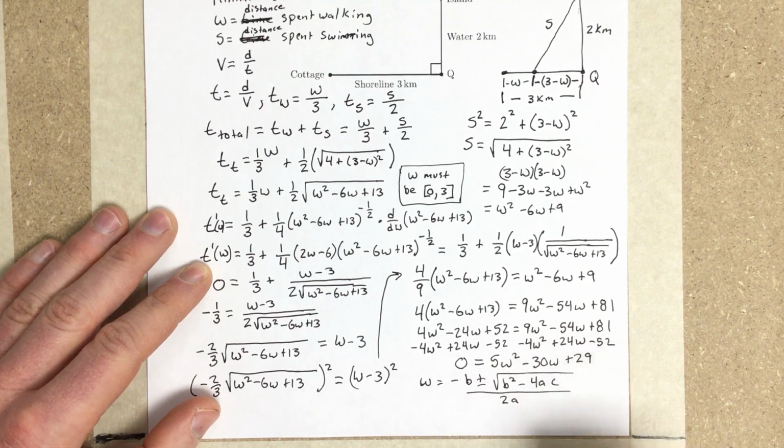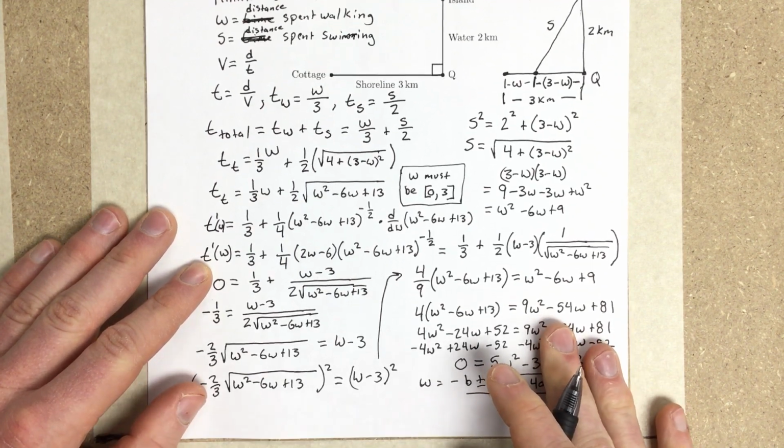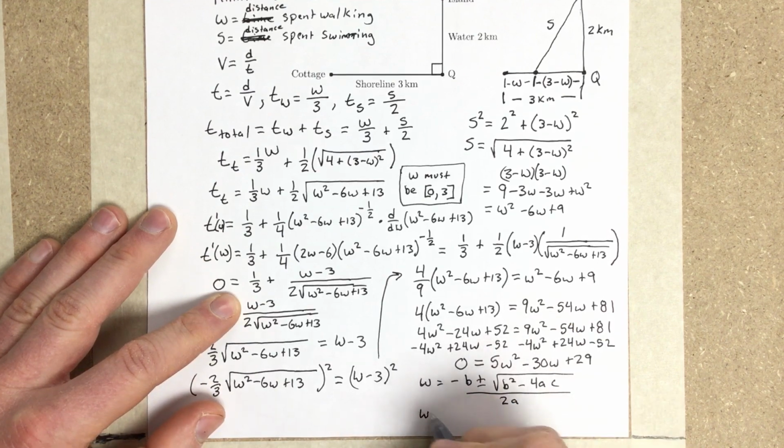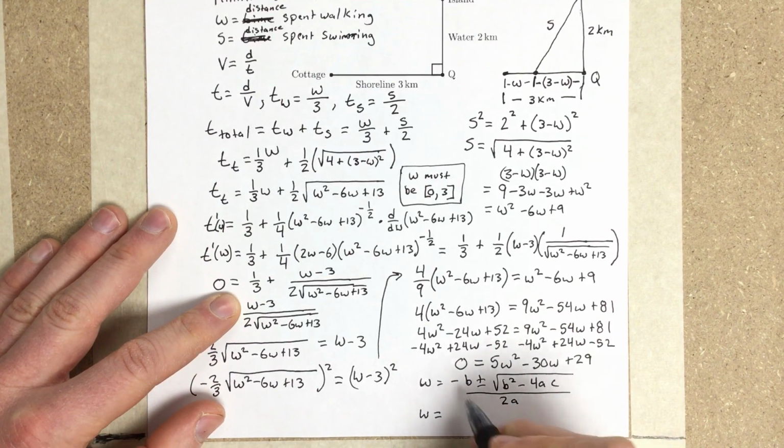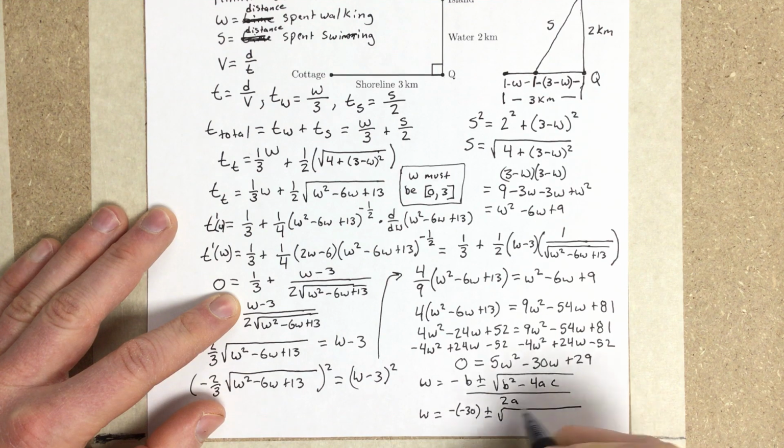So we're going to get w equals negative 30, so we have negative 30 here, plus or minus the root of negative 30 squared minus 4 times a times c, all over 2 times 5.